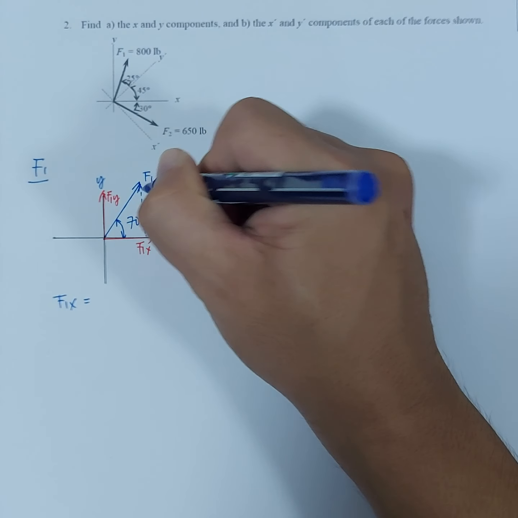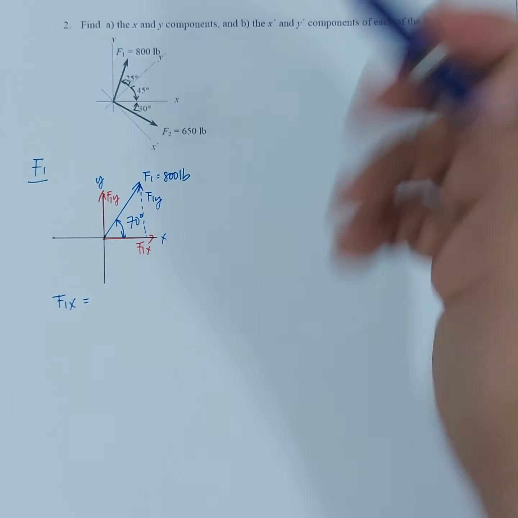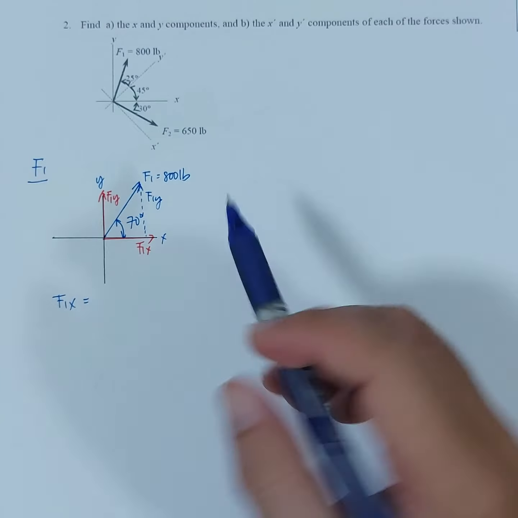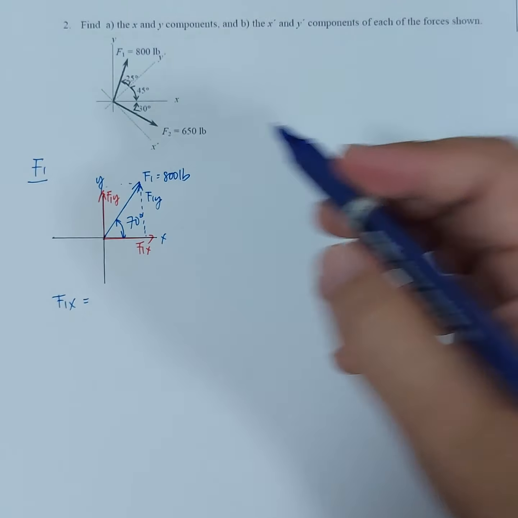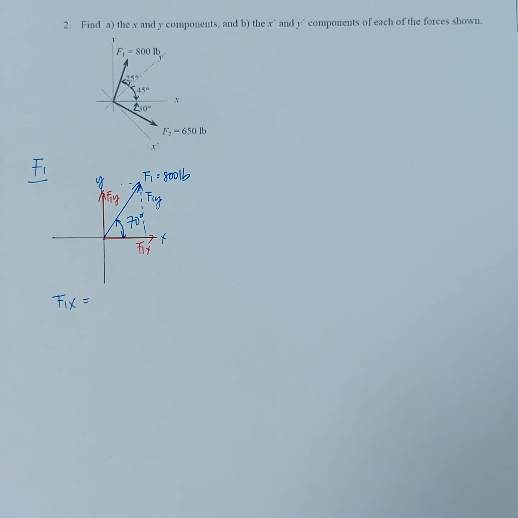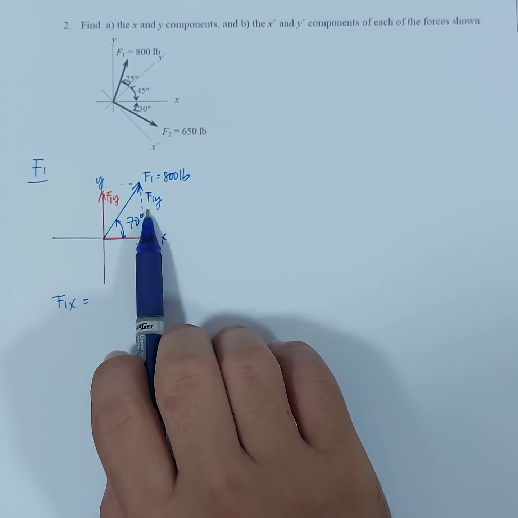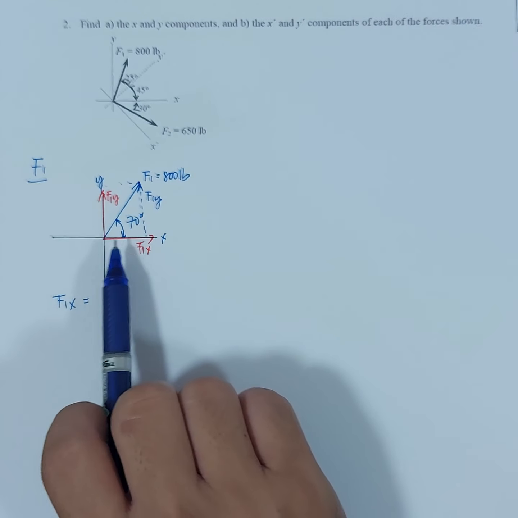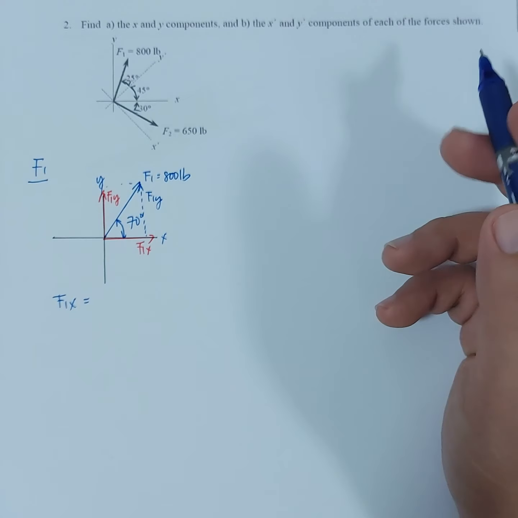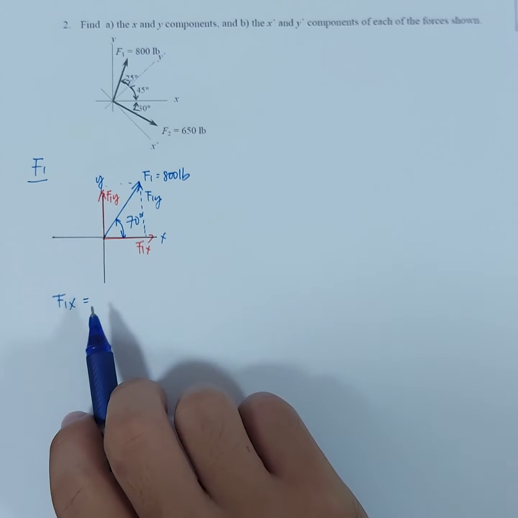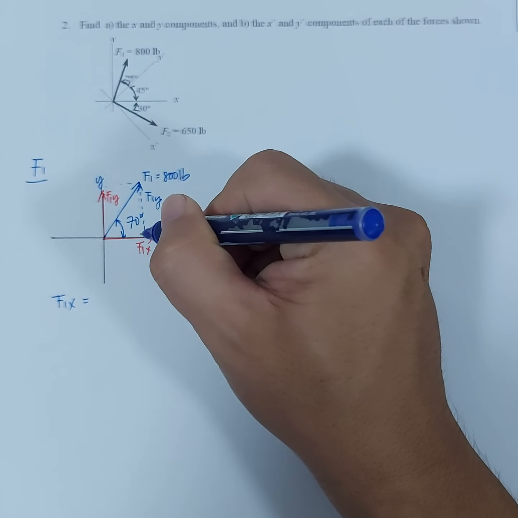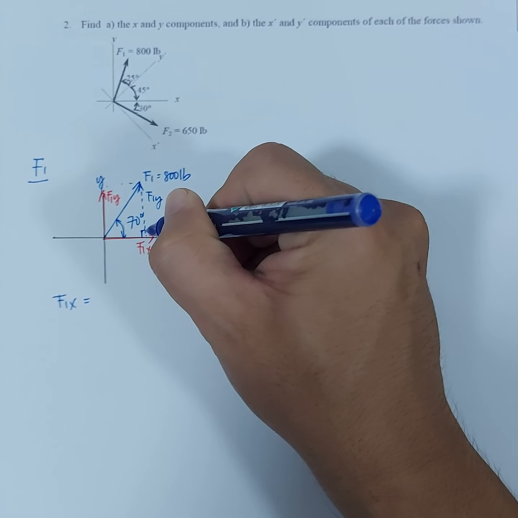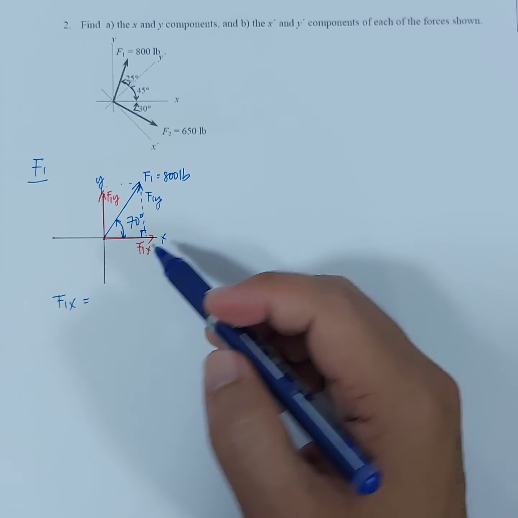So this is also F1y. If we extend this rectangle, it's just an application of the parallelogram law. So i-transfer na natin siya dito since parehas lang sila ng magnitude and direction. So F1x is equal to, since this is the adjacent side and this is actually perpendicular since rectangle yan, or right triangle.